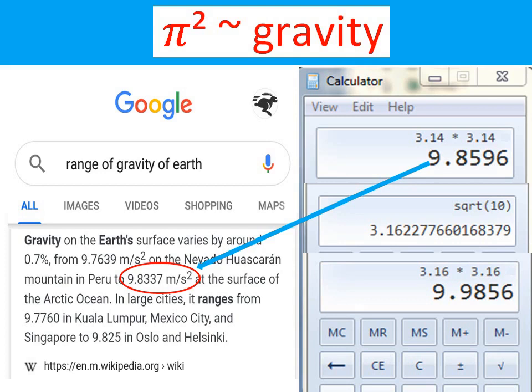So we can also teach them that pi squared is very close to the gravity value. So they get a relation between pi and gravity, because as Earth is a sphere, pi should be there and gravity should be related with that.